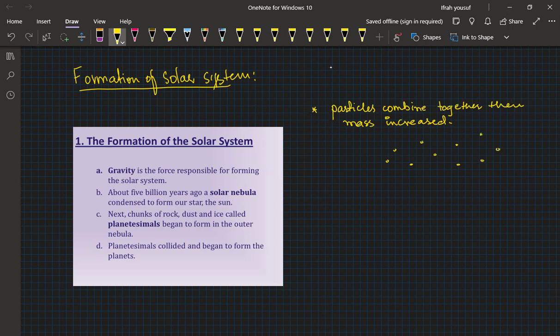And they were having some forces around them, right? And then they started to collapse each other.